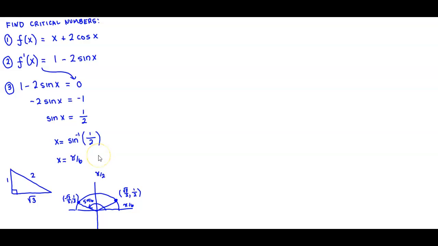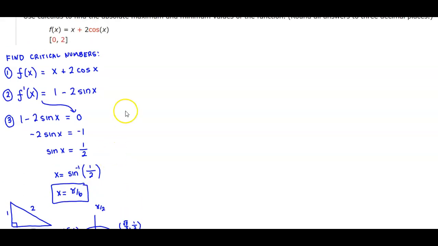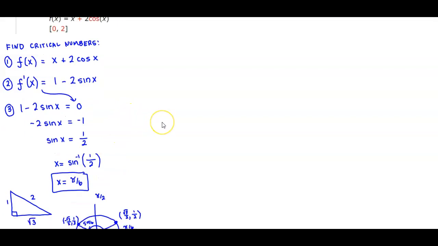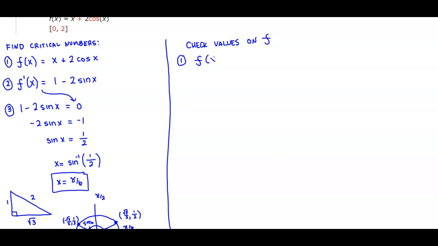Now that we found our critical number, we need to find the values for f. To find the values of f, we need to check the values on the interval on the function f of x, which is equal to x plus 2 times the cosine of x.